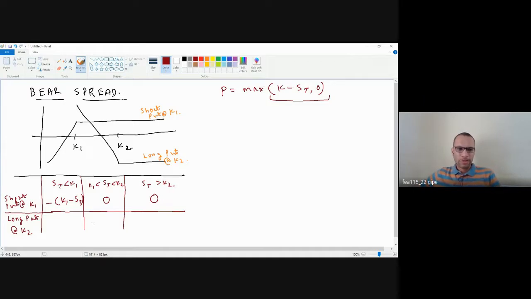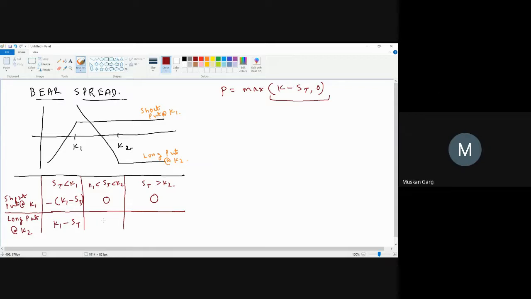All right. Next is the long put. Would someone like to try the long put as well? Can I write a K1 minus ST here? Should it not be K2 minus ST?